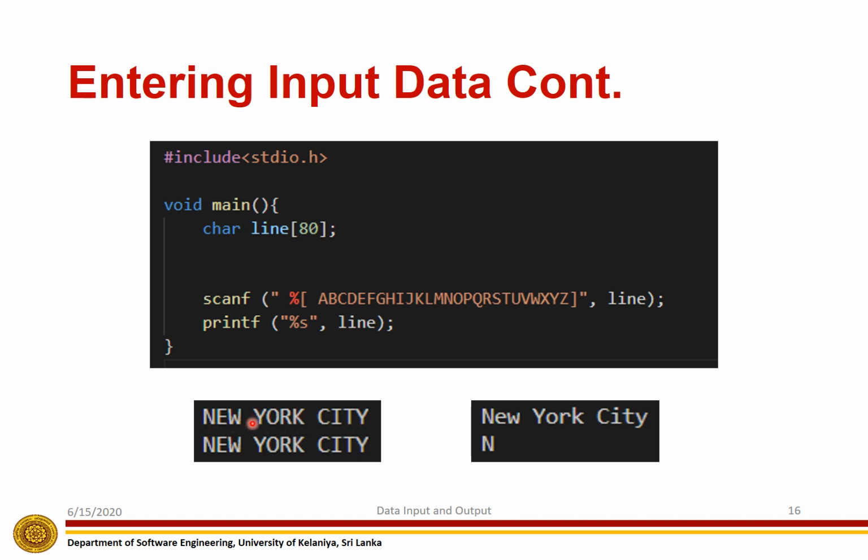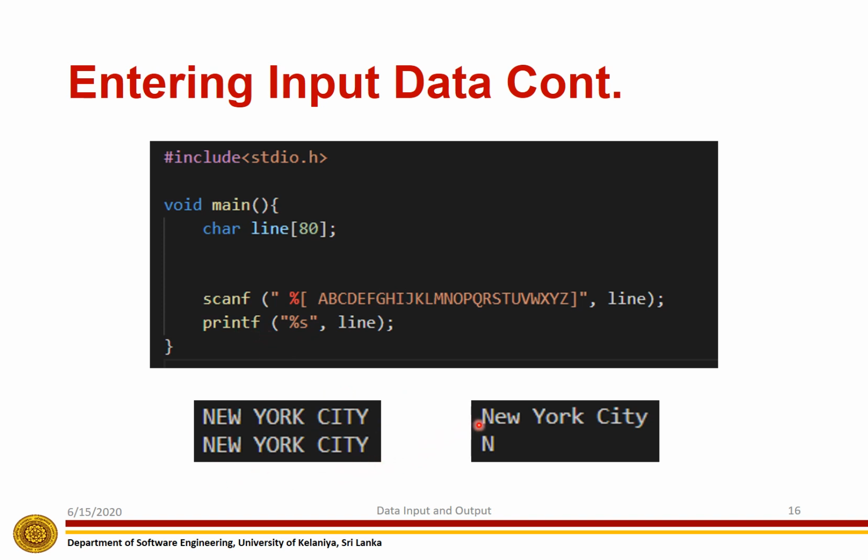All letters are capital and it has spaces. So when the computer reads this, first it reads N is here, E is here, W is here, whitespace characters are here, and the other letters are also here. So it successfully read New York City, and it will print the same thing.